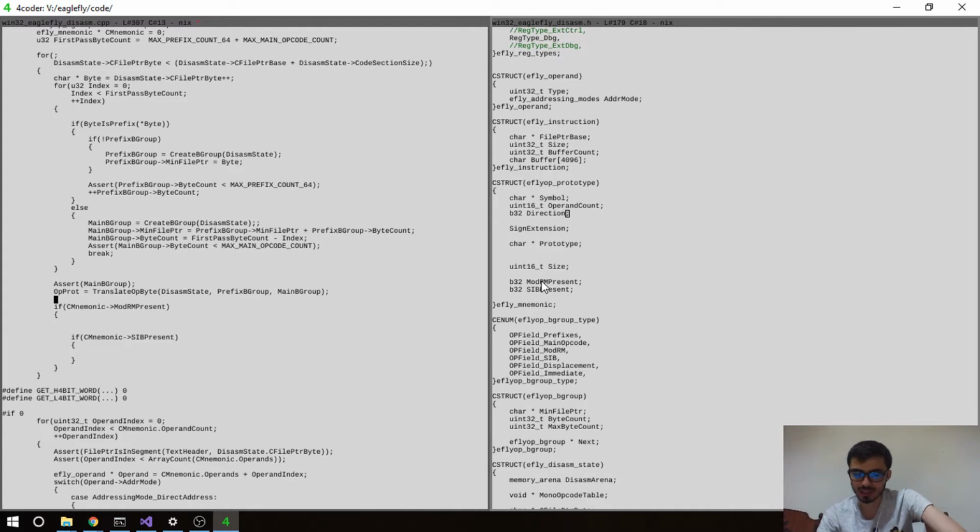Well, at least the operand attributes. Probably, I mean, I'm trying to think about it, probably we can return two of these.